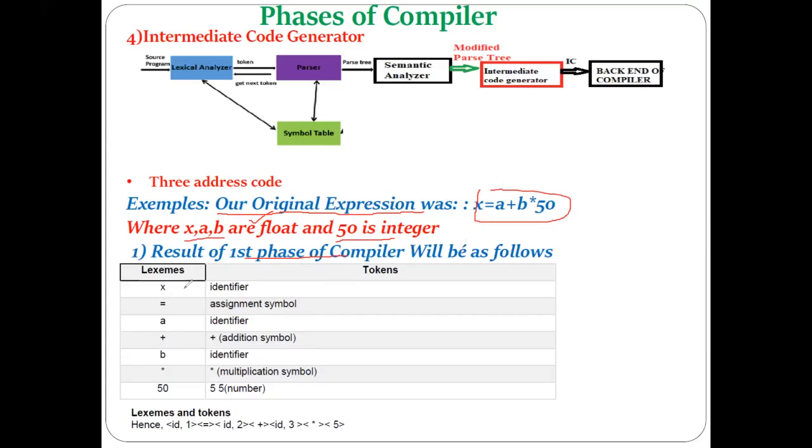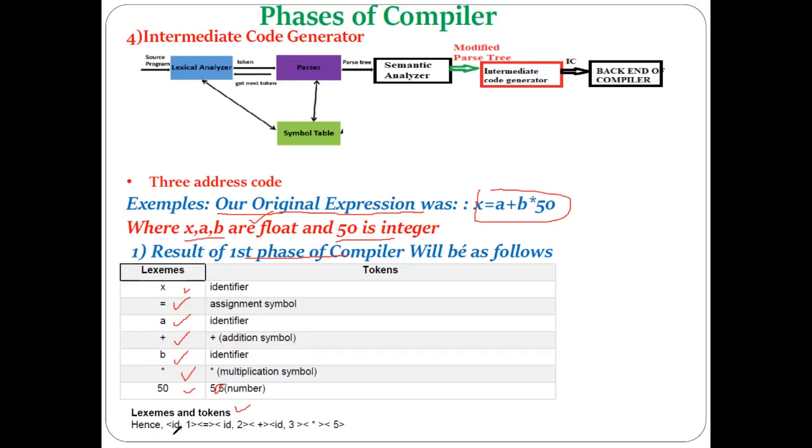So in this expression, x is an identifier, this symbol is the assignment symbol, a is the identifier, plus is the addition symbol, b is the identifier, star is the multiplication symbol, and this 50 is an integer number. Okay, so lexemes and tokens will be generated like this.